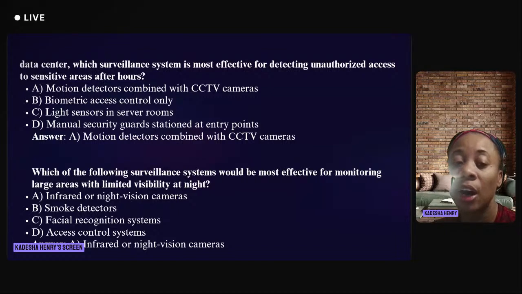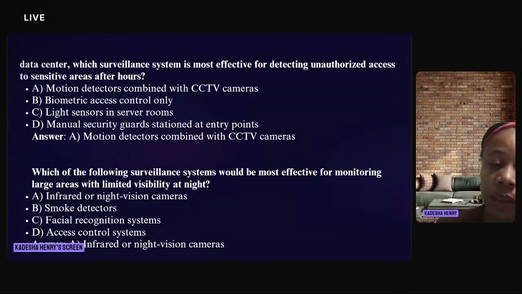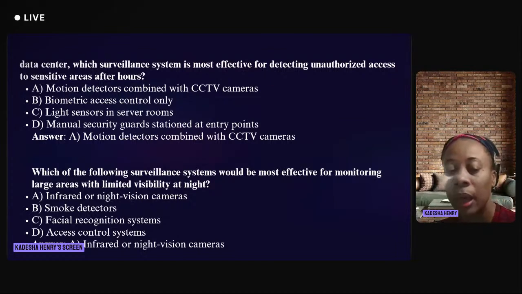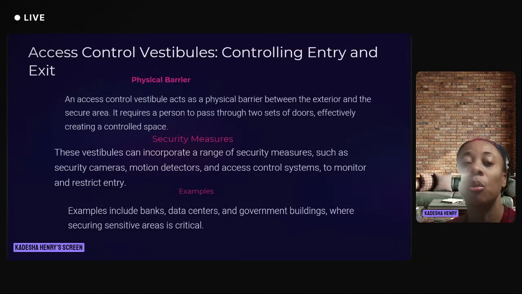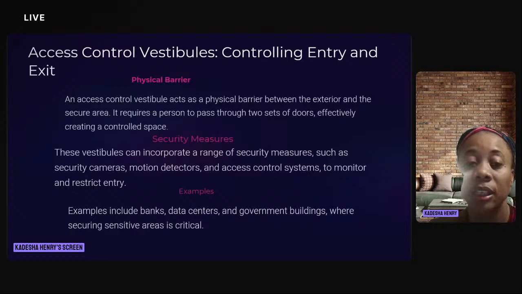Is it infrared or night vision camera? Is it smoke detectors, facial recognition system, access control system? And we would use the infrared or night vision camera because it's able to pick up well at night. And so that's the reason we would use that for that area.